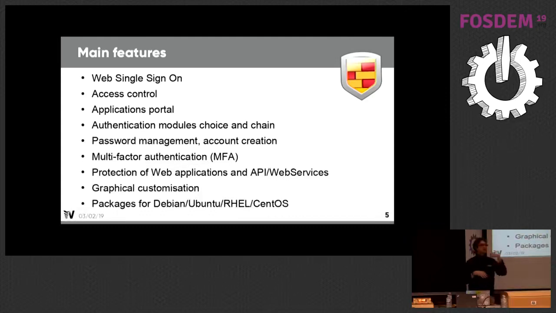So you can say this group of users can access OwnCloud, but this other group cannot access it and can access the intranet, etc. So you can use any information of the users to control their access. This provides a portal in which you can see your applications, and of course, you only see the applications that you have access to. So users cannot click on applications that they can't access.